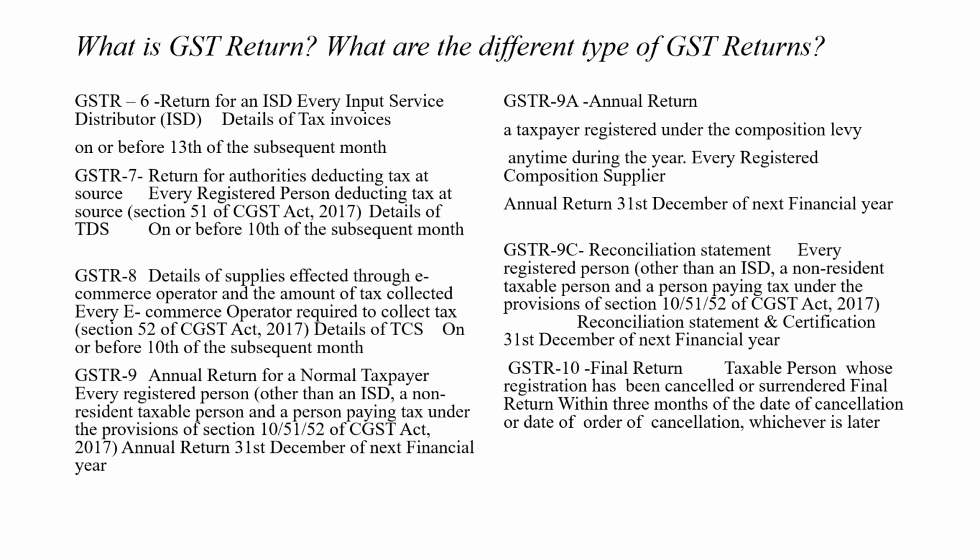GSTR 9A, annual return, a taxpayer registered under the composition levy any time during the year. Every registered composition supplier, annual return by 31st December of the next financial year.